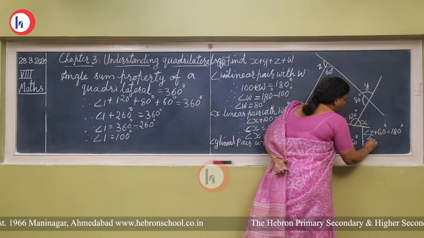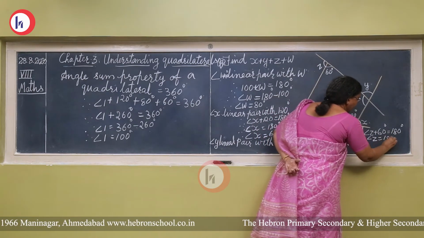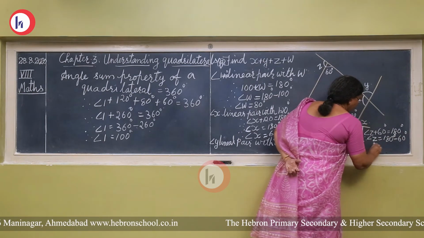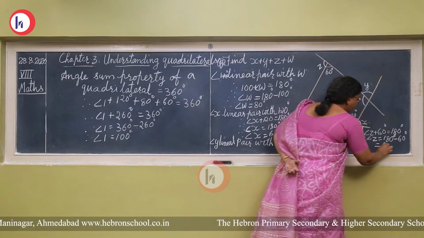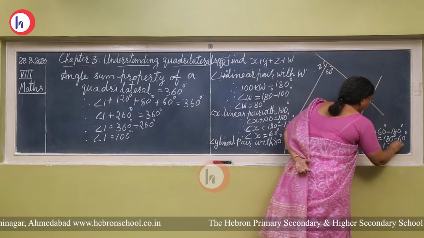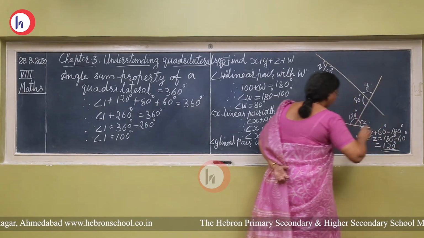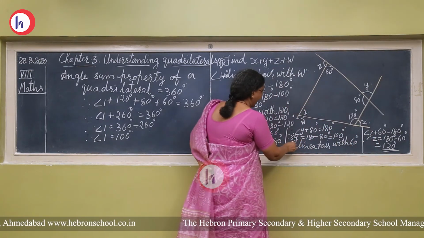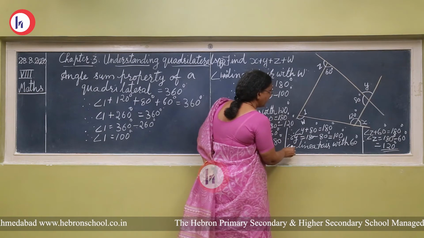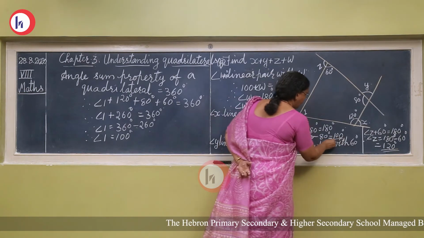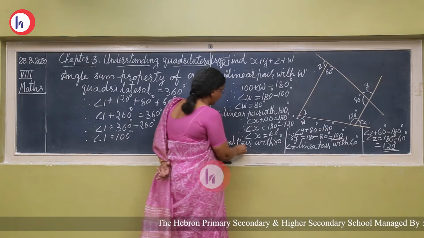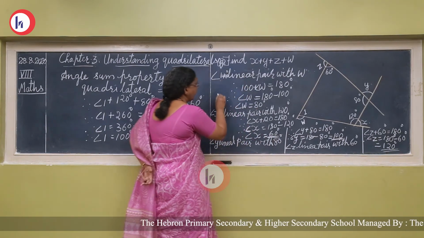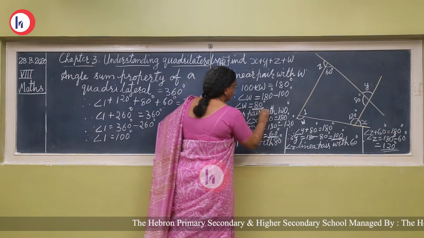Therefore, angle Z is equal to 180 minus 60 degree, which is 120 degree. Now, Z we have got, 120. Y we got, 100 degree. X we got, 60 degree. And W we got, 80 degree.